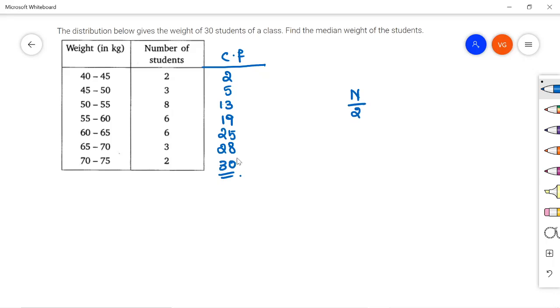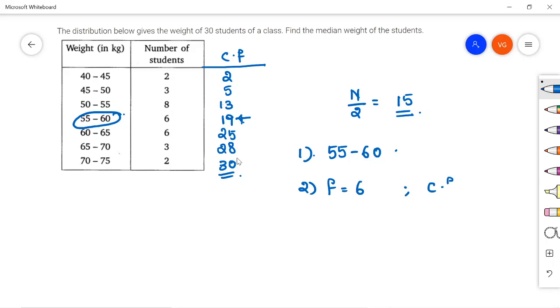Calculate n by 2. n by 2 is 15. So select a cumulative frequency that is just greater than 15. So that is nothing but 19. So the corresponding class is the median class. So 55 to 60 is the corresponding median class. And then the frequency is the corresponding frequency, f is equal to 6.